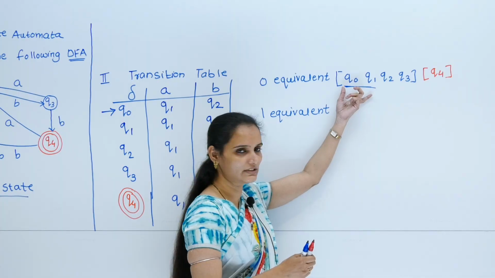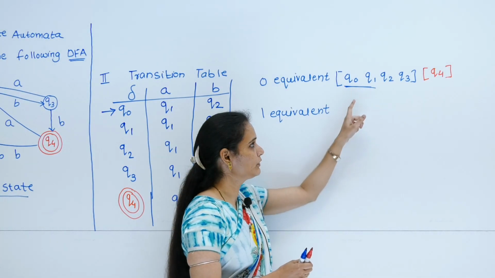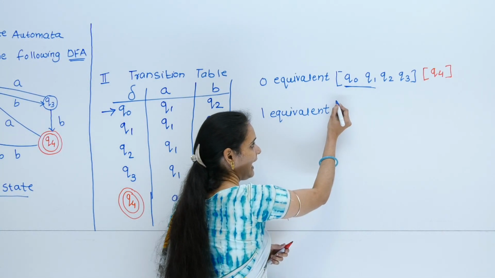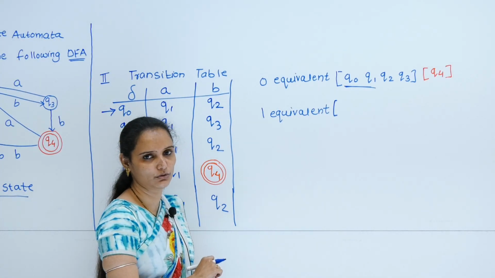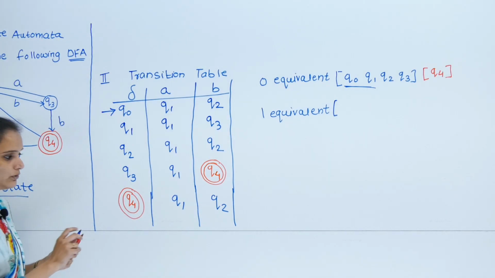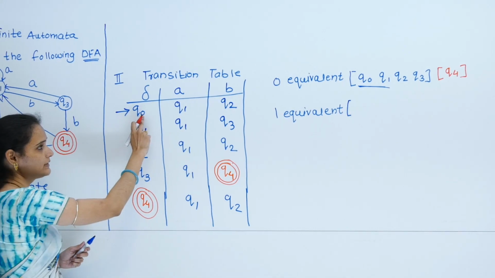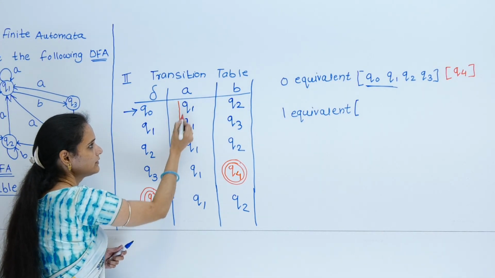Suppose we consider 2 states, Q0 and Q1. Okay. So Q0 and Q1, are these 2 states still present in one group or not, that we are going to check. So how to check that? Q0 and Q1 on input A, where does it go?